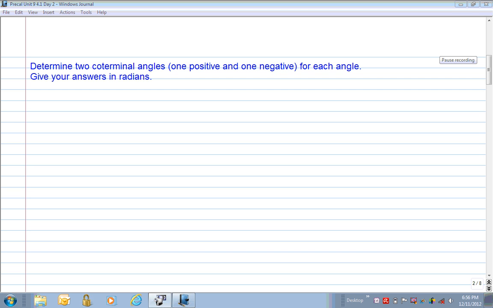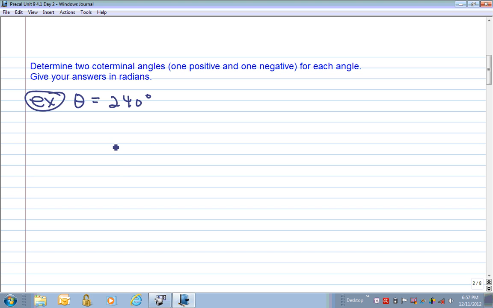This time we're going to do two coterminal angles, and I believe we will be giving this in degree measure. Here's our example. Again, this time it's one rotation, but we won't be using 2 pi, we'll be using 360 degrees. So here's our first example of that. We have theta equal to 240 degrees, and I want a coterminal angle, one positive, one negative, to 240 degrees.